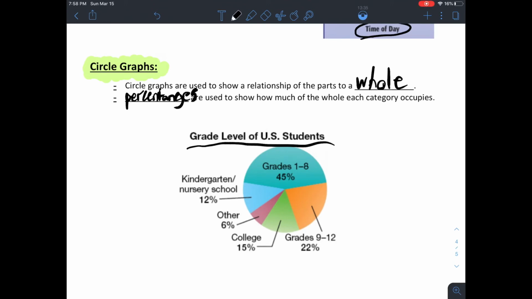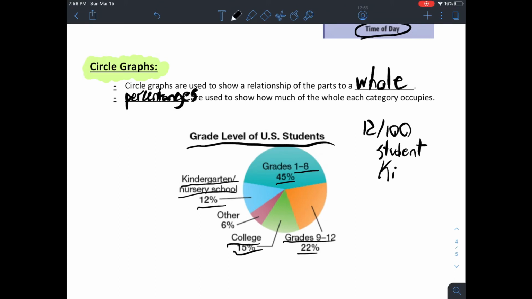It tells us that 45% of the students go to grades 1 through 8. 12% of students are in kindergarten or nursery school. 15% are in college, and 22% are in high school. So it would be fair to say that 12 out of every 100 students in school go to kindergarten or nursery school.